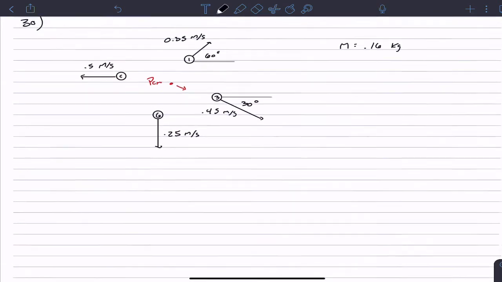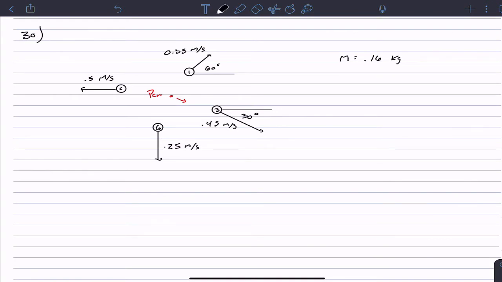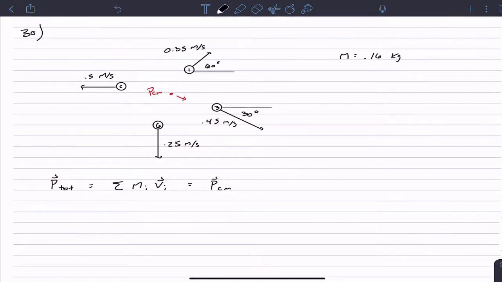So total momentum is what we're asked to find, P total. And if you look in the book in the summary for this chapter, I think this is chapter 10, it shows you that you have the sum of the mass times the velocity of each particle. This is also known as the center of mass momentum, of the center of mass of the system, right?